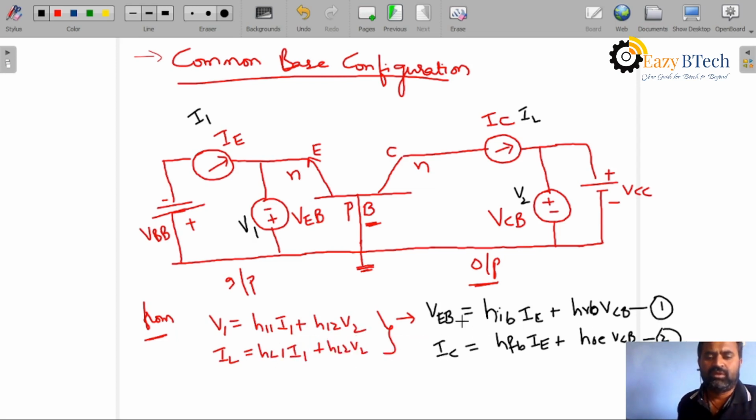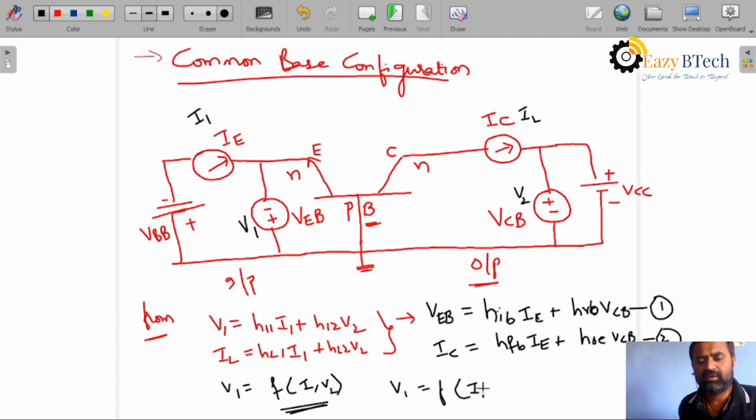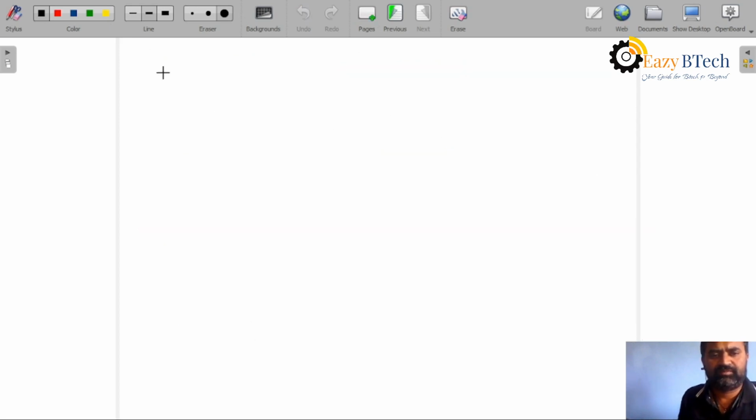From the previous lecture we have studied that V1 is a function of I1, V2. Now to study the input characteristics, V1 is a function of I1 where V2 is constant. Okay, from this graph we will draw the characteristics.